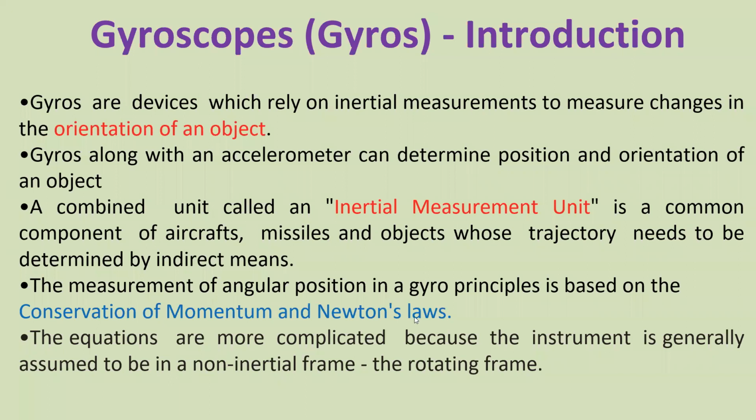The integration is not done by the sensor; that has to be done by the microcontroller. If the orientation is required, the microcontroller, or whatever controller is associated with the sensor, will have to integrate and get the orientation.